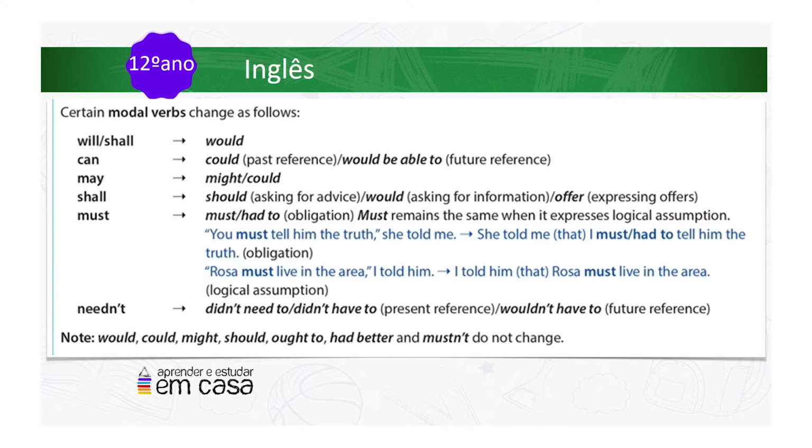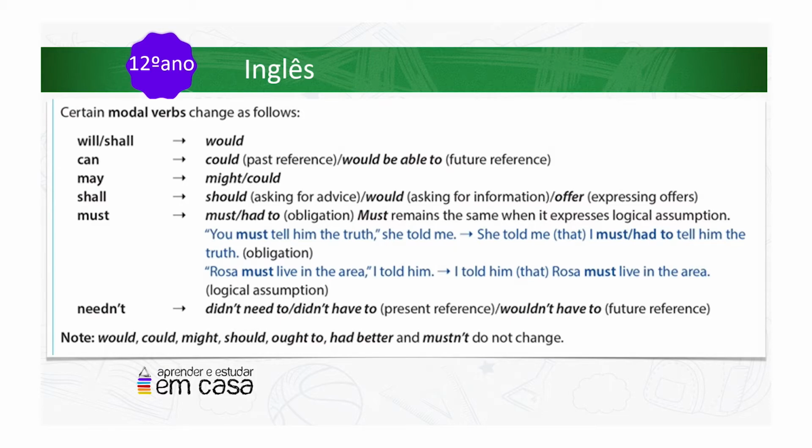So it may change or not according to the meaning. You know that modal verbs change according to the meaning, right? So if must or had to expresses obligation, it changes. If it expresses logical assumption, it doesn't change.